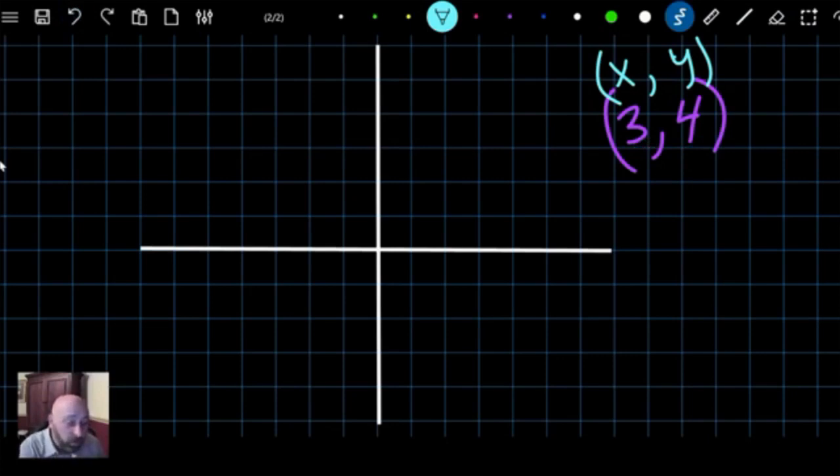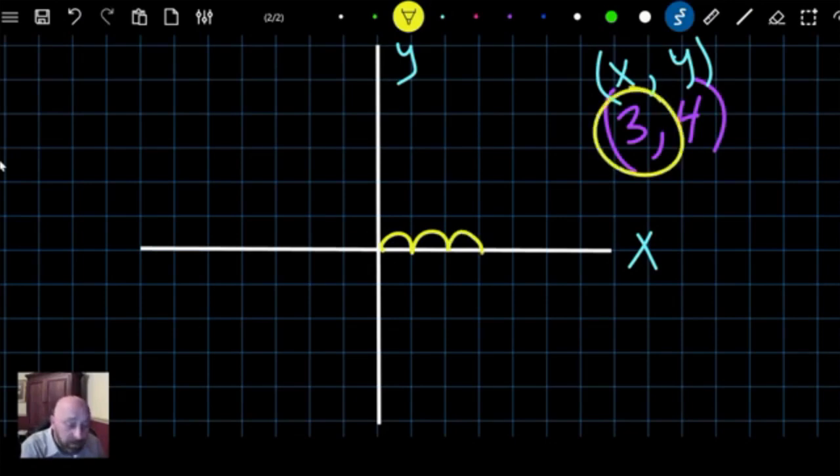We're going to count over 3 spots on the X. Remember, this is the X and this is the Y. We start at origin. Origin's right here in the middle, right? 0, 0. So let me change colors here. Let's go 1, 2, 3. Why did we go 3 spots? Because our x is 3. Now we're going to go up 4. Why up?